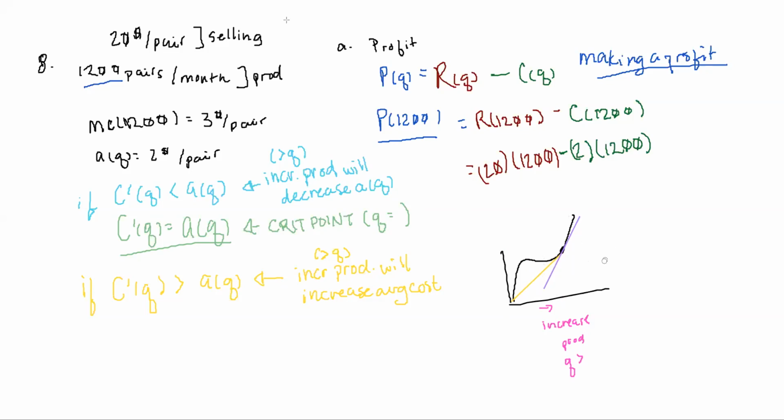So increasing it is going to bring me to a slope of an average cost that is higher than what it initially was. So that's kind of graphically representing these relationships right here. Does that make sense? Yeah, okay. Yeah, that makes sense.